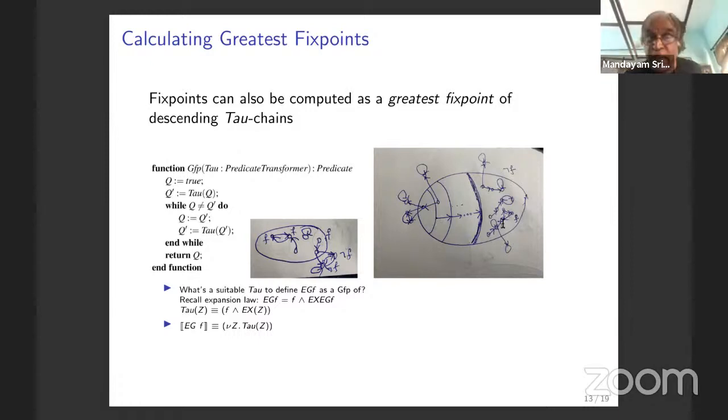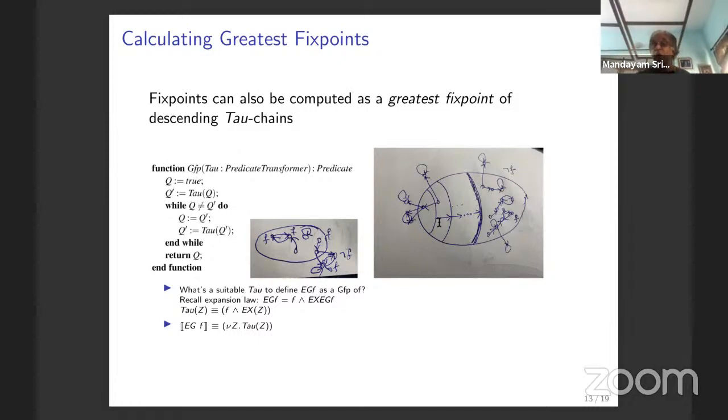And when you reach the fixed point, all you're left with are these strongly connected components, every state of which satisfies F. Because if you look at a strongly connected component strictly, every state in this kind of a loop satisfies F and Ex of F. And all these other things, these tails that you see here, are those states that are not part of an SCC, but lead in one or more steps into a state which is on an SCC.